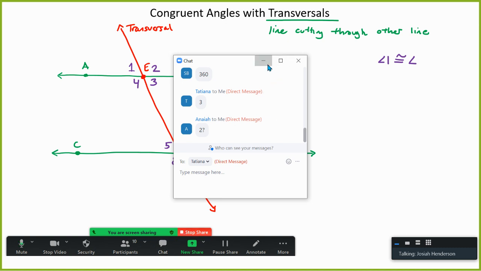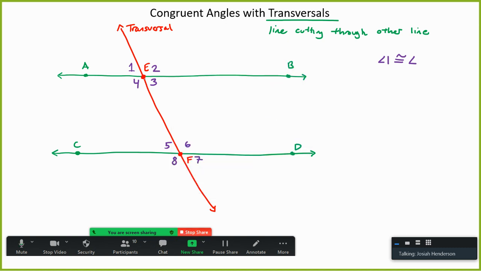Nice. Anaya, Tatiana, thank you both. When we say across from, we mean like straight across the point, the intersection point, and it won't be across a line, it'll be across the point. So angle 1 and angle 3 are vertical, and we just established that that means they have an equal measure. Angle 2 is vertical to angle 4. So they're across from each other, and now that means they have an equal measure.